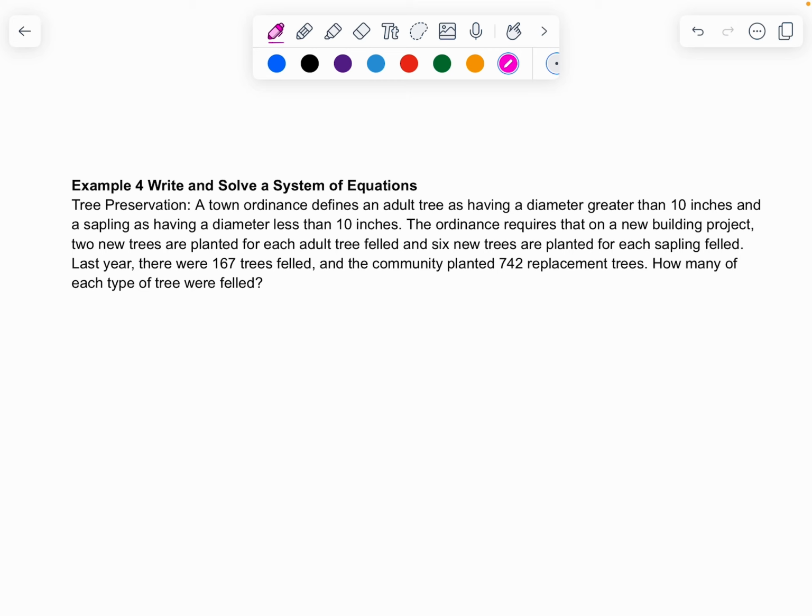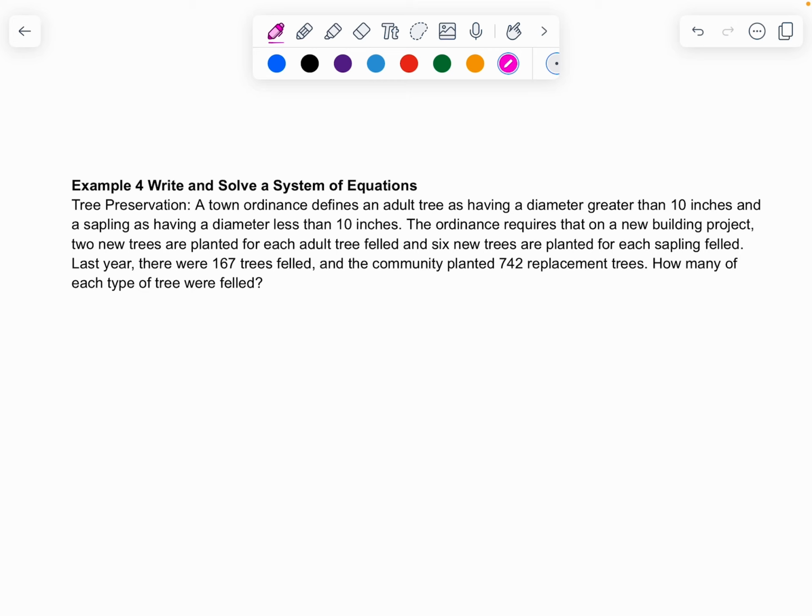The ordinance requires that on a new building project, 2 new trees are planted for each adult tree felled, and 6 new trees are planted for each sapling felled. Last year, there were 167 trees felled. And the community planted 742 replacement trees.